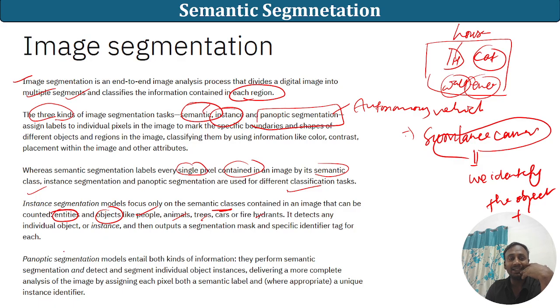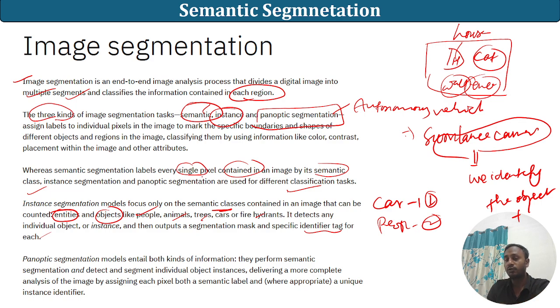It detects only the individual object or instance, and the output segment is a mask with a specific identifier tag for the object. Let's say for the car only I'll give label one, and for people I'll give label two. But in semantic, for each segment we are going to find the pixel also.